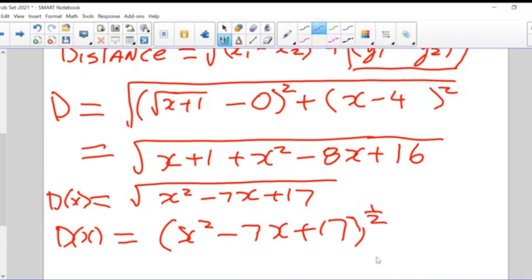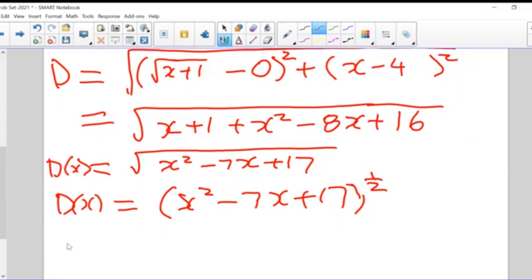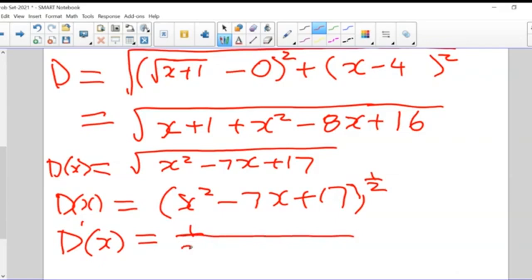Okay, so we're now going to find the derivative. After a while, I think everybody knows this now. It's going to be 1 over 2 times the square root of x squared minus 7x plus 17, because you're going to have half times this to the minus a half, so this becomes a denominator.